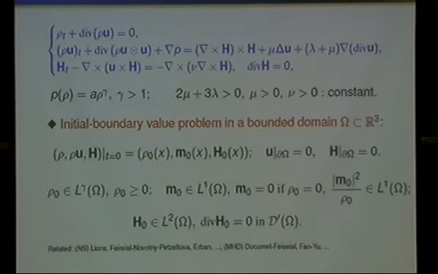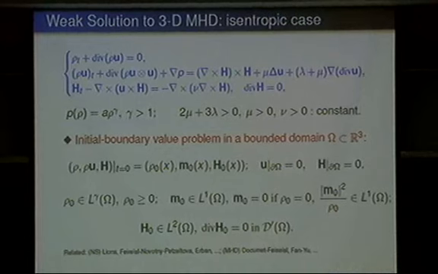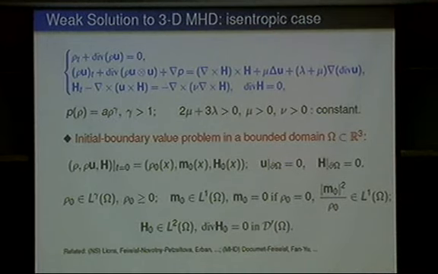So now let me show you the weak solution in the isentropic case. So this is the isentropic case. Of course, here I'm talking about the nu here being positive. So consider this initial boundary value problem, with all the conditions here. So we look at the global existence of the weak solution in the sense of, of course, Lions and Feireisl's framework.